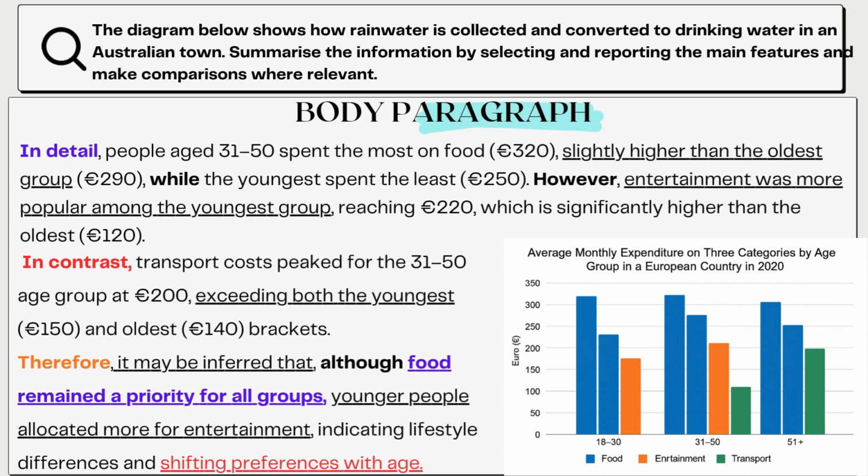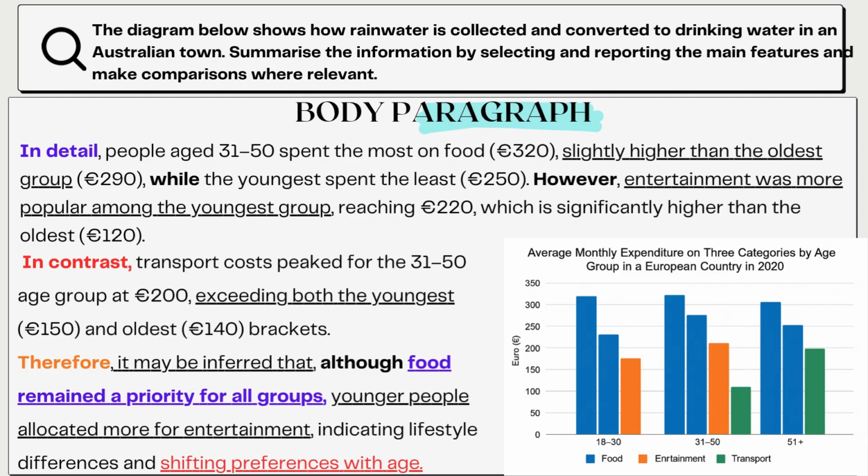So here, apart from mentioning the statistical figures of the euros, how each group has spent, I have mentioned how entertainment was more popular among the youngest group, or how food was slightly higher than the oldest group in the middle aged people. Did you get it so far?